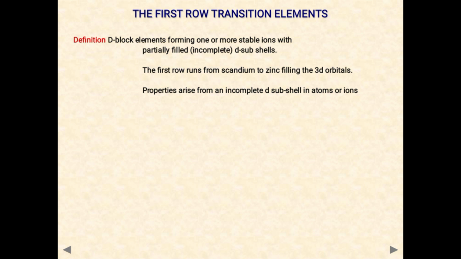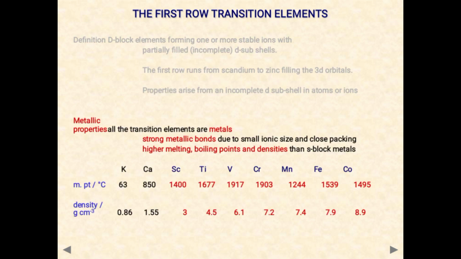The word partial means it must not contain 10 electrons on the d orbital. So for example, these are some examples of transition elements: scandium, titanium, vanadium, chromium, manganese, iron, and cobalt. All these are examples of transition elements.